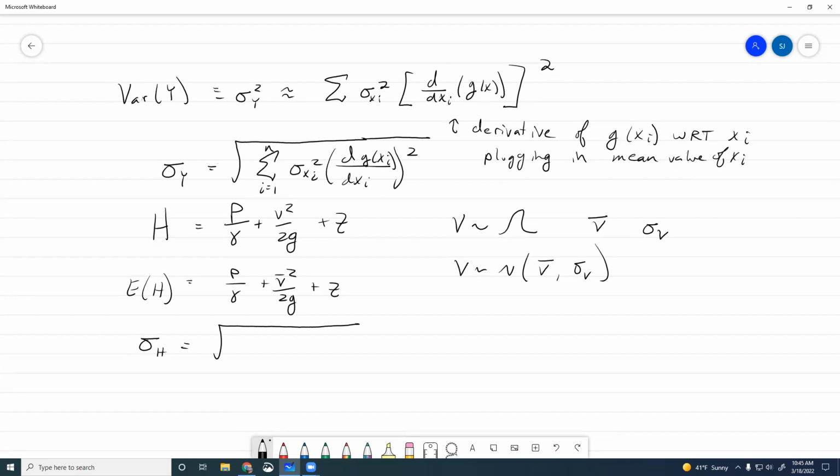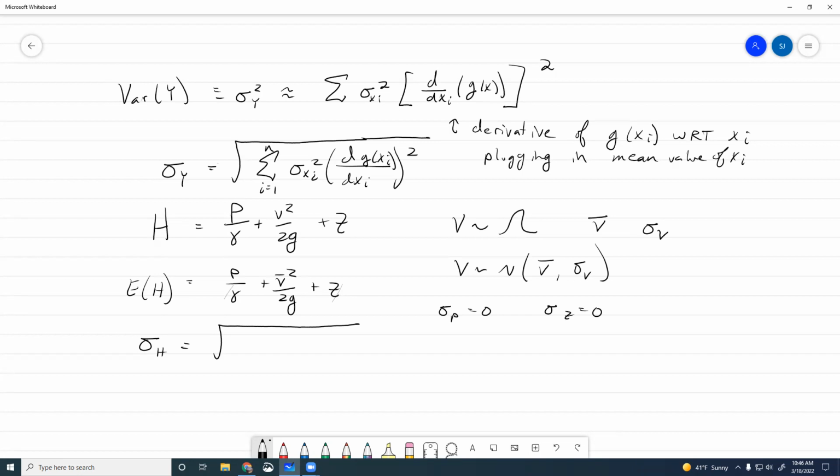Because these are not uncertain, we'll say sigma p is equal to 0 and sigma z is equal to 0. So then we don't need to take derivatives of these, right?